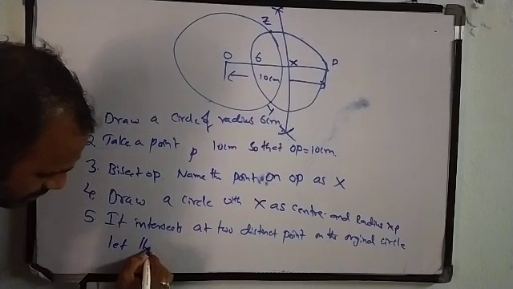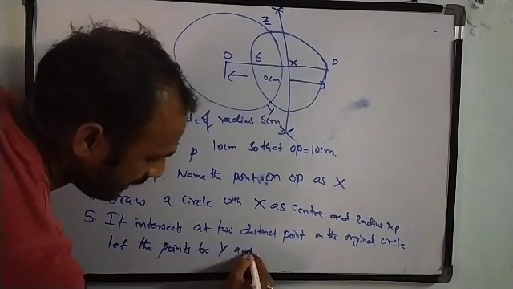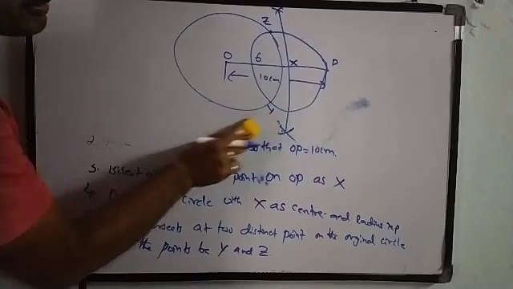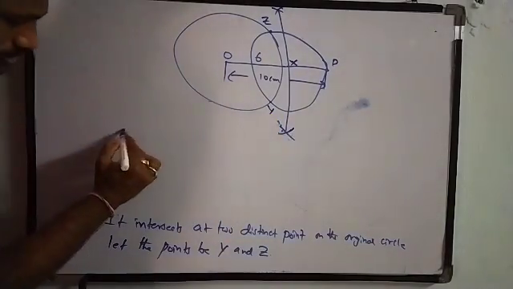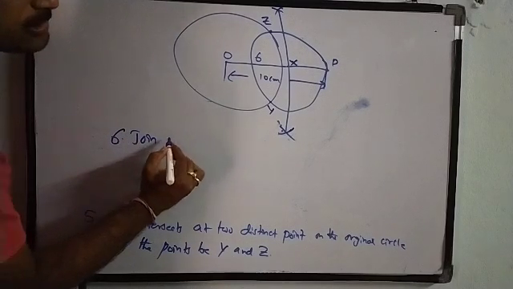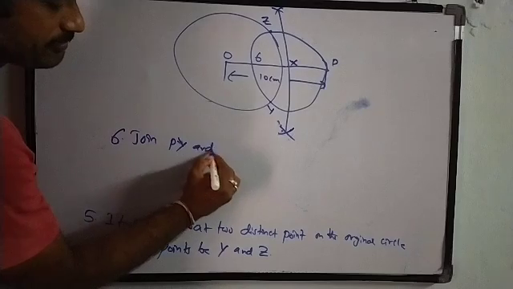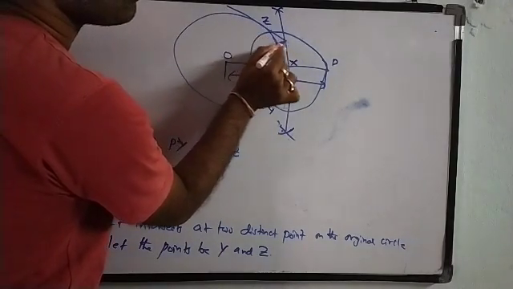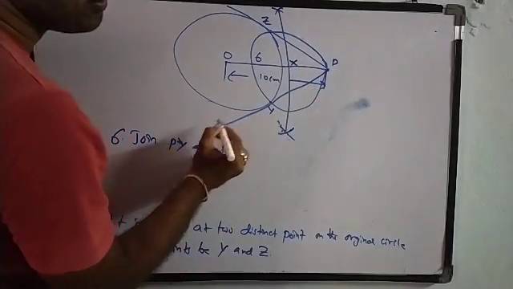Let the points be Y and Z. Next, the sixth step will be to join PY and PZ. So join using the scale PY and PZ.